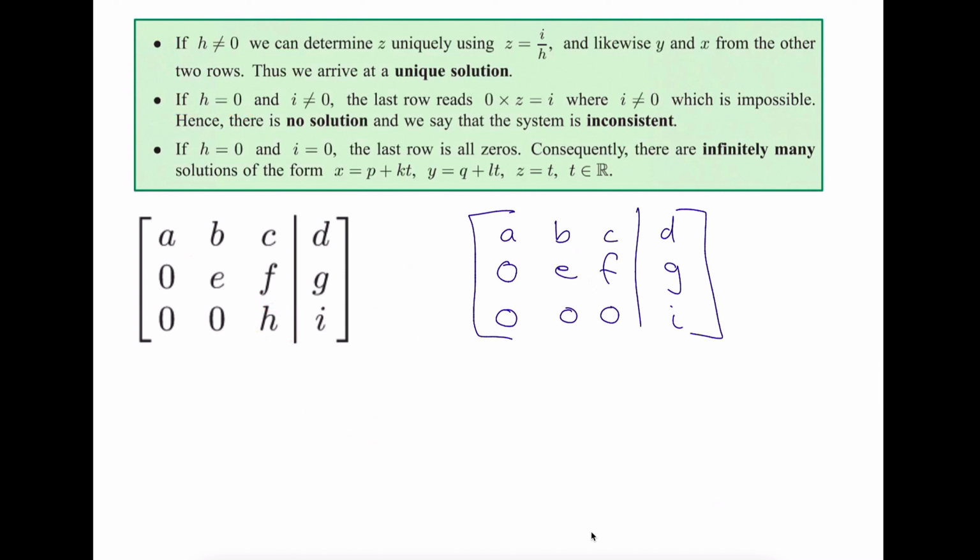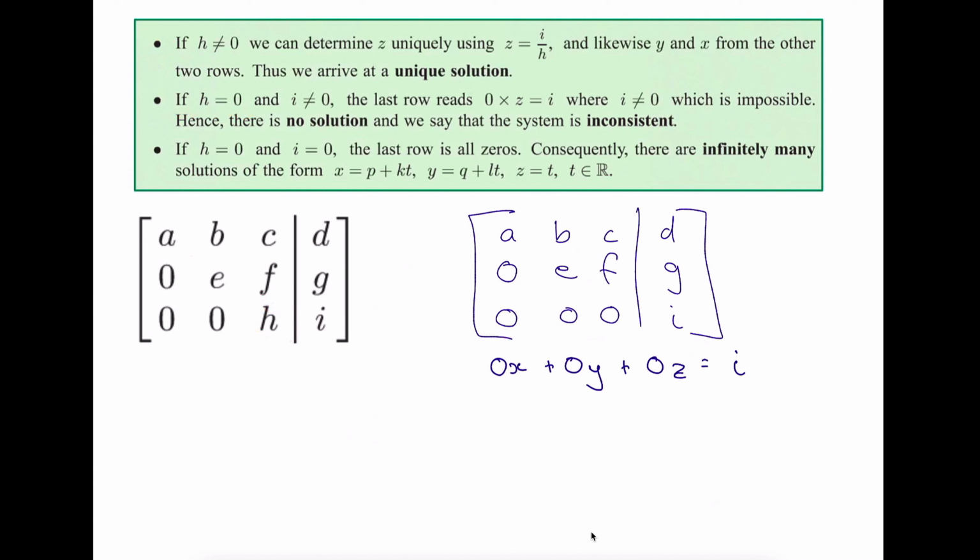Now, if you think about that, that's saying that in this bottom line, 0 lots of x plus 0 lots of y plus 0 lots of z is equal to I, a number.